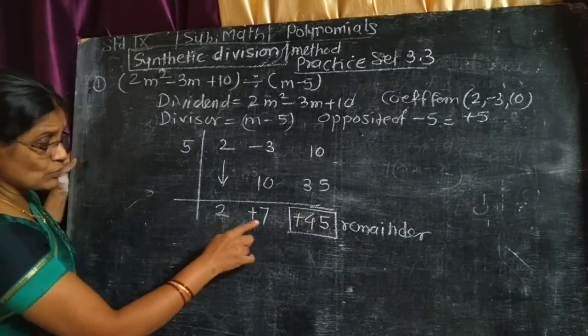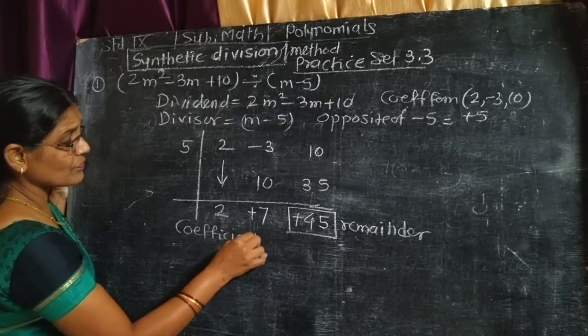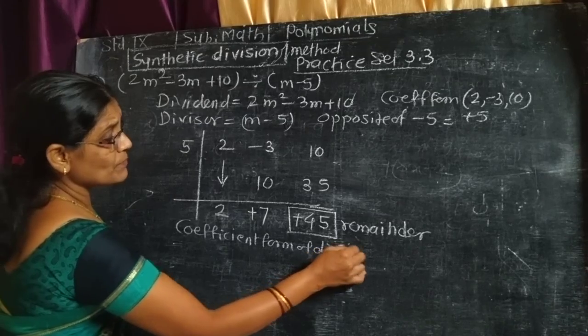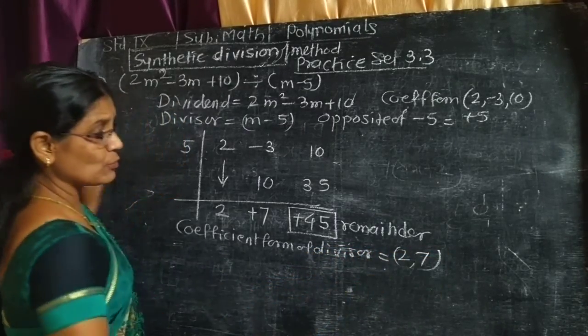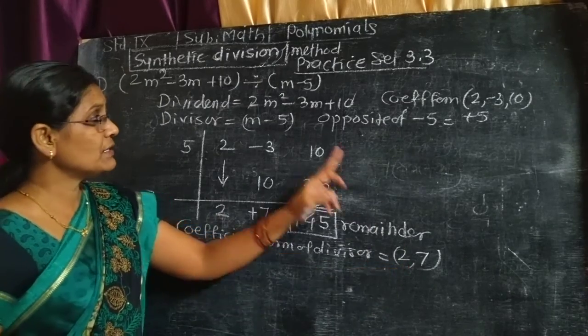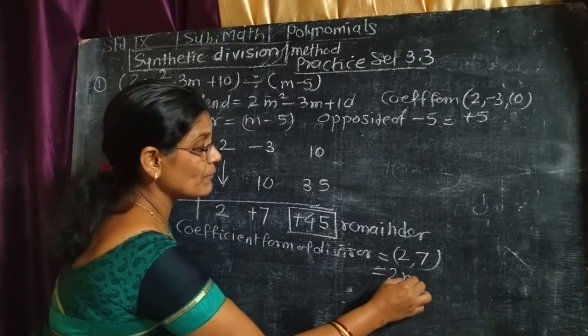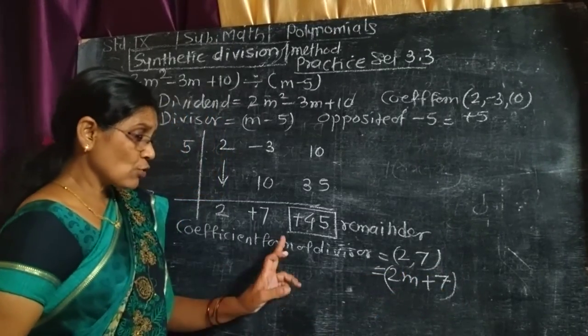And now these two terms are the coefficient form of the quotient. The coefficient form is 2, 7. 2, 7 means when we join the variable m, with only power of 1, it is 2m plus 7, and this is the quotient.